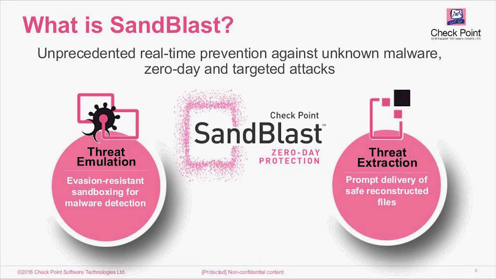The second core technology is what we call threat extraction. When you have an incoming file, such as a Word document or PDF, we're looking at the active content within that file, any JavaScript, any macros, and we're stripping the file of this active content, which could potentially be carrying malicious objects, and then providing the user almost instantaneously with a sanitized version of that file.